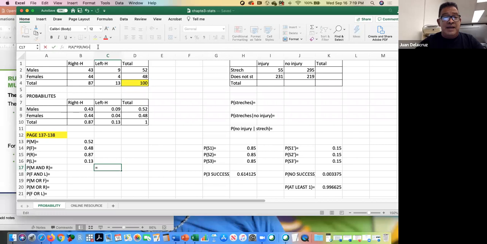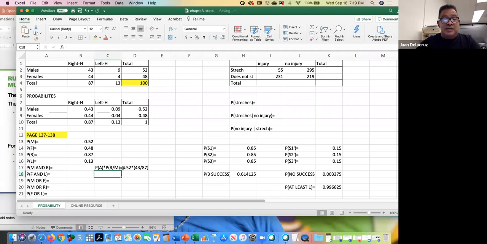We are going to multiply the probability of men, which is 52, times, because this is a conditional probability, the number of right males. So this is going to be the number of right-handed males divided by the right hand, right? So I'm going to do 43 divided by 37. Okay? So that's what I'm going to do.